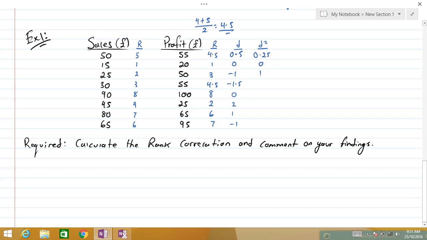Now, how do I get 1? Even though you have a negative, when you power of 2, it becomes positive. Remember that. So negative 1.5 power of 2, how much you get? Do you get 2.25? Yeah.